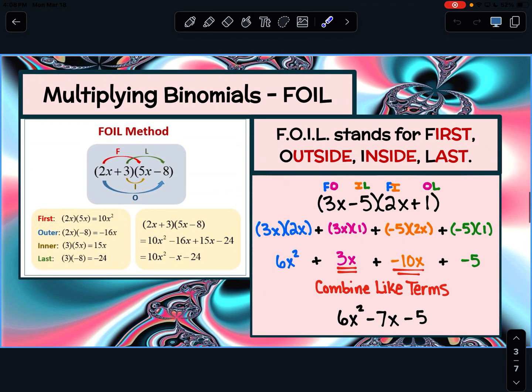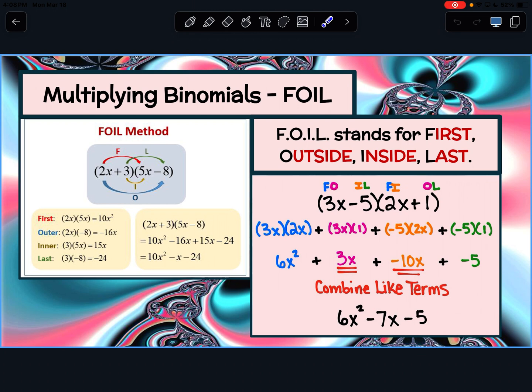So the first thing we're going to talk about is FOIL. So the FOIL method, when you multiply, you're going to do your first times your first term, your outside terms, your inside terms, and your last terms. Okay?